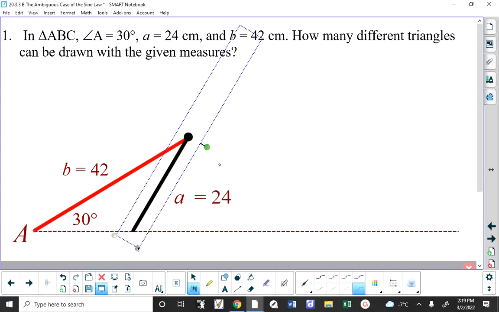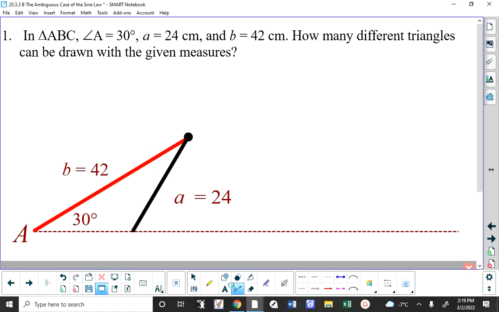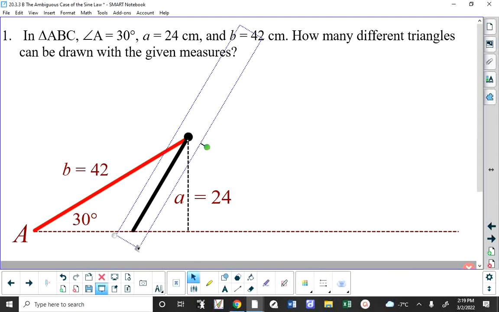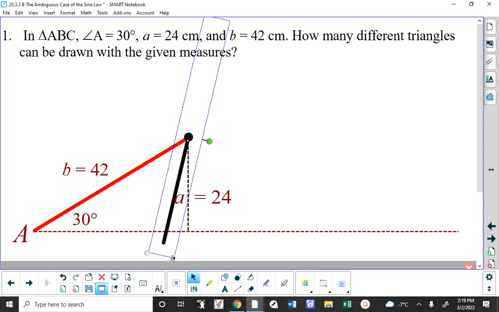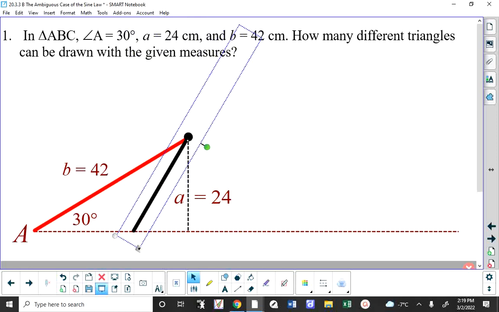If I go back to this situation here and I look at that vertical height, the reason why we got a triangle here and a triangle here was in part due to the fact that side A is bigger than the height. Okay? In part. There's another reason we got 2 triangles that has something to do with side B.